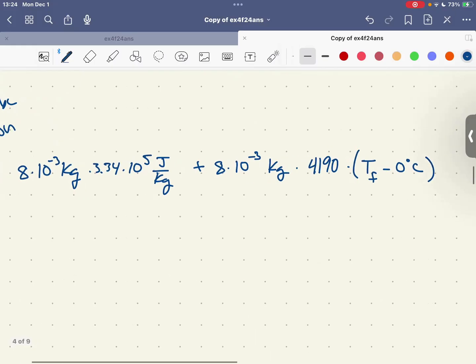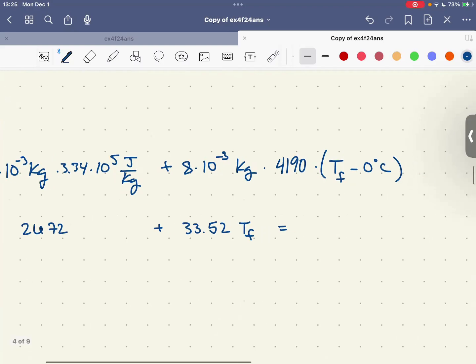Okay, so when we multiply everything out, we're then left with 2672 plus 33.52 times temperature final.